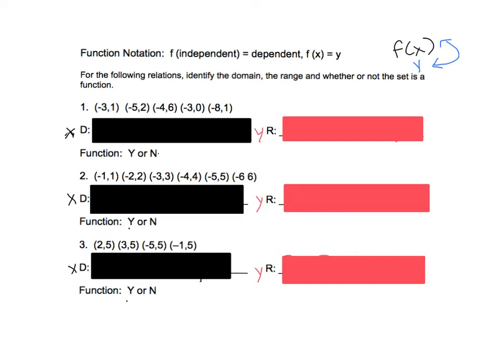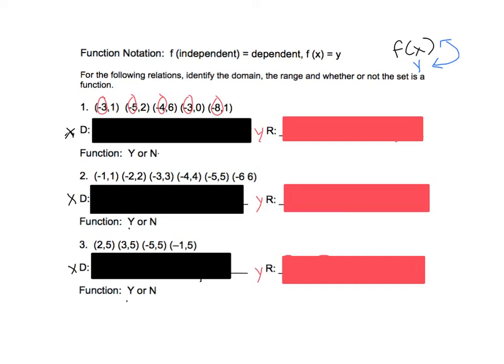So for the following relations, identify the domain and range, and then decide whether or not the set is a function. So remember, domain is our x values, so I will circle them. All right, so -3, -5, -4, -3, -8.